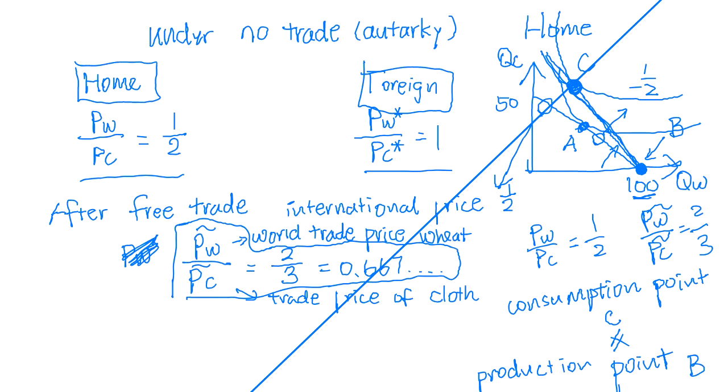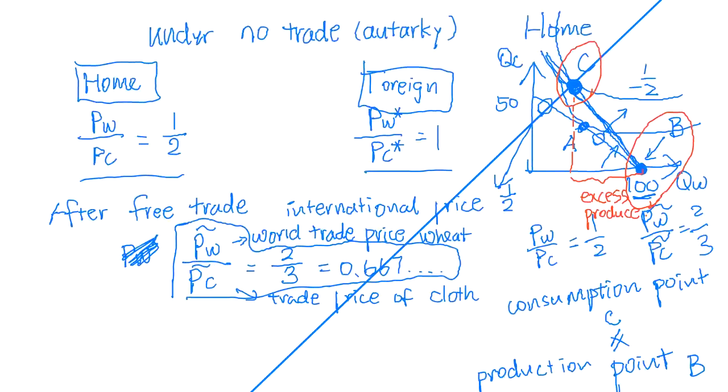Your consumption point is C, and your production point is B. So in terms of the wheat, that means you excess produce the wheat.